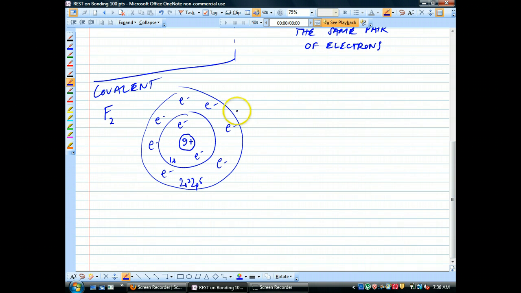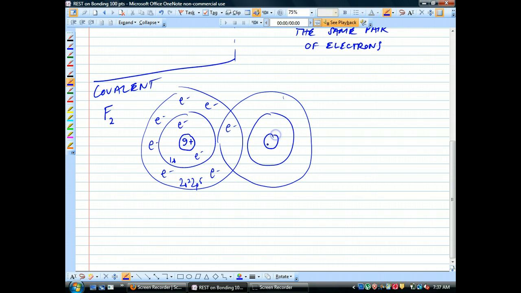Now the fluorine atom is going to bond in a covalent bond. It can bond with another fluorine atom. Like this. Now let me make these electrons in here a different color.